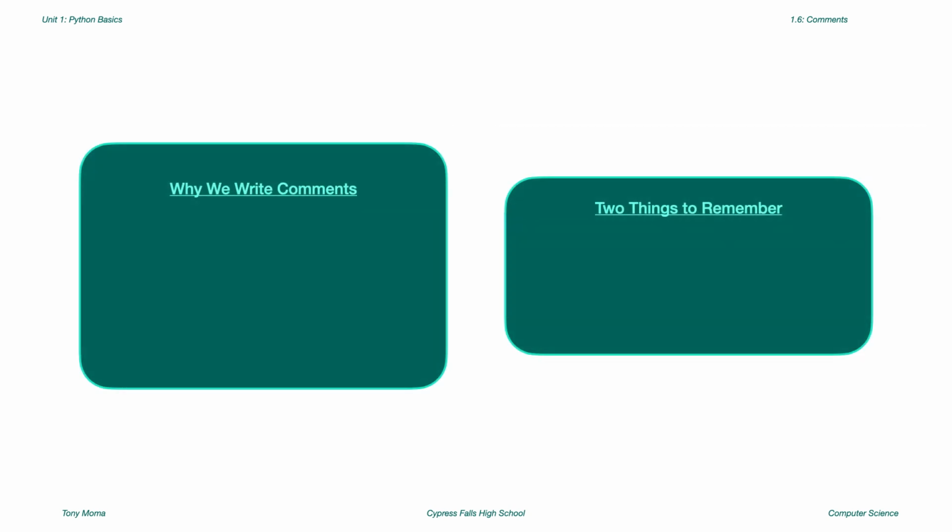We'll close this video by discussing why we write comments and a couple things you want to remember about comments. In the real world, code is often written by teams of programmers, not just one, which means you will often have to read other people's code and people will often have to read your code. Having comments in the code will not only help you understand other people's code, but it'll also help other people understand your code.